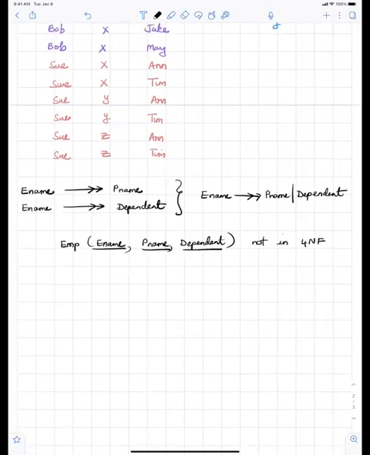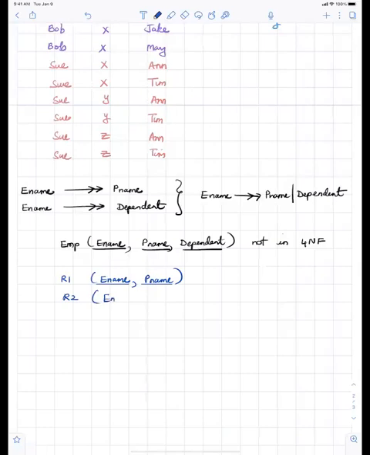And so when you have a table like this, you should divide it into two tables. So you should divide it into R1, which is ename, pname, and the key is ename, pname, and then you have R2.